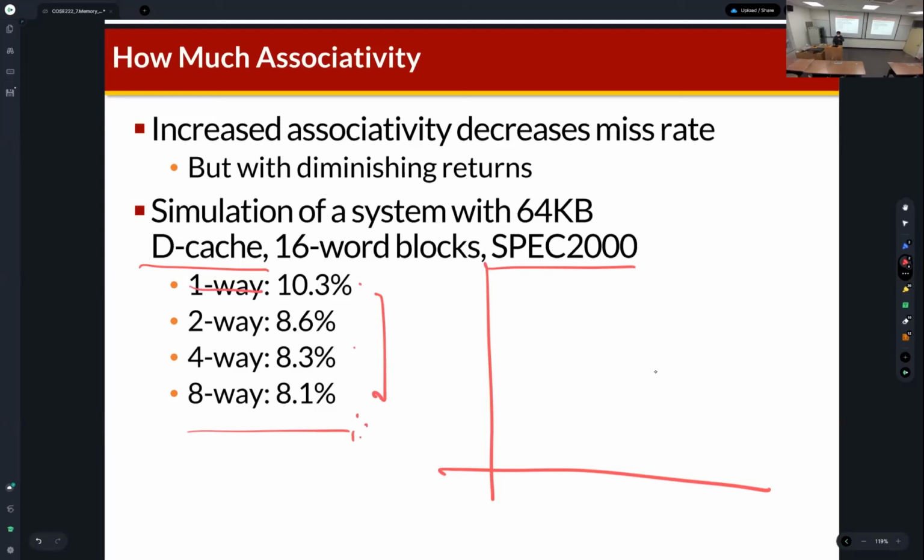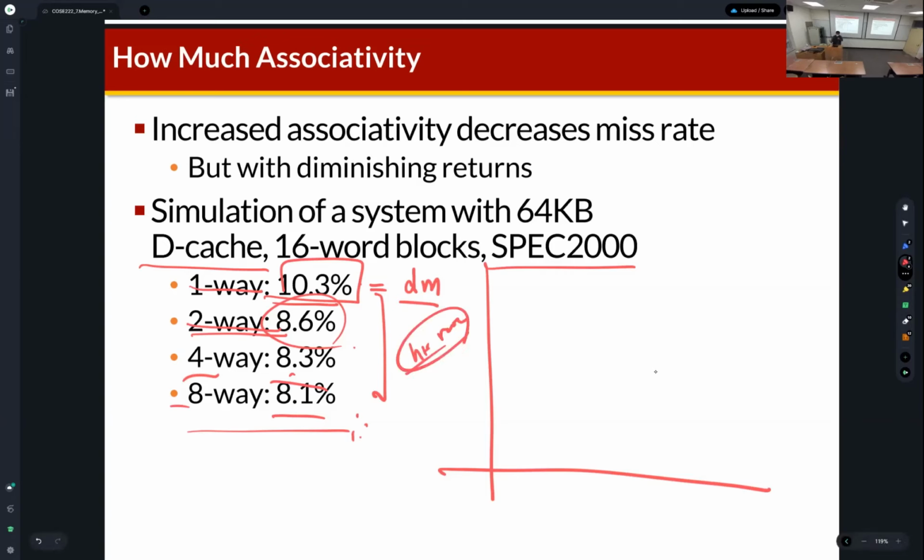If we use the one-way cache, which means this is the direct mapped cache because one set contains one block, we can find that the cache miss rate is 10%. If we use the two-way set associative cache, then it's 8.6%, then 8.3, 8.1.